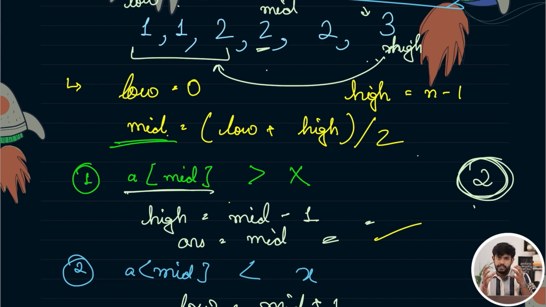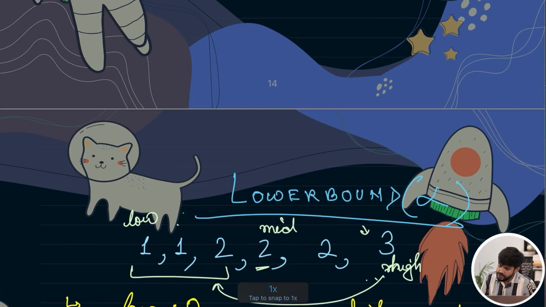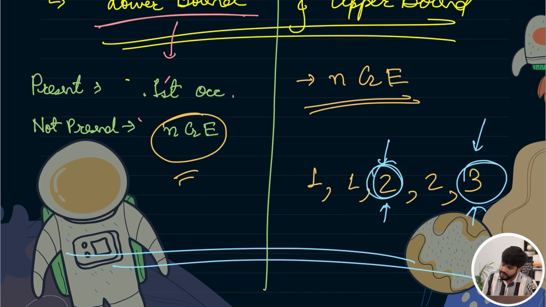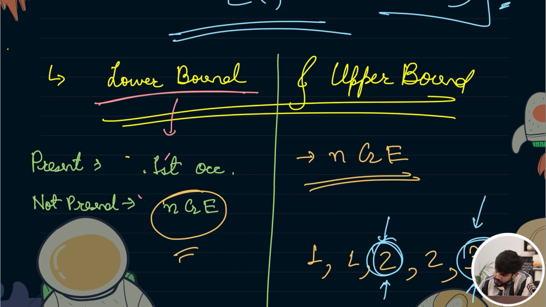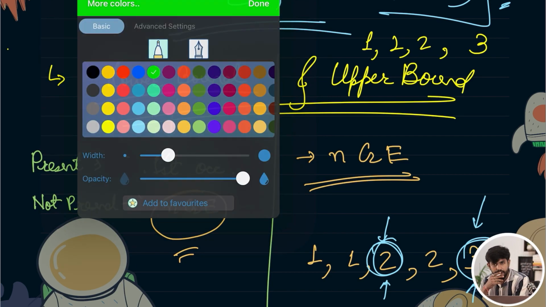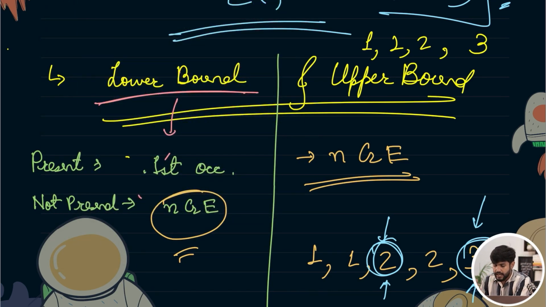So let's just implement lower bound and upper bound. But before that, let us first understand how lower bound and upper bound come into the picture. Let's say we are given 1, 2, 2, 3, and I want to find the number of occurrences of 2.